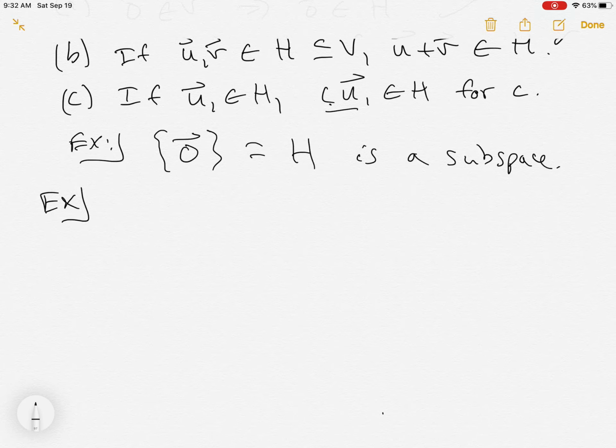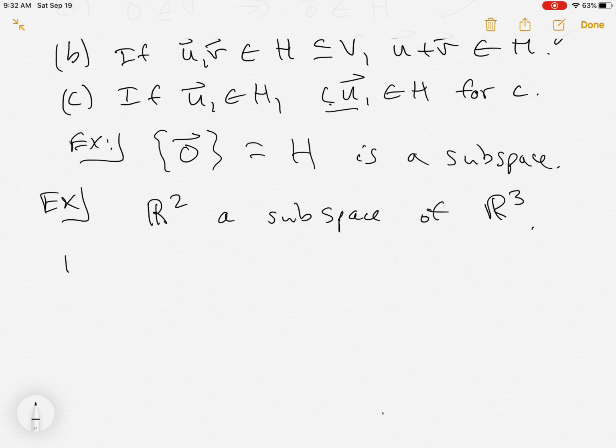So the question is, is R2 a subspace of R3? Right? You think, well, one's smaller than the other, so it's going to fit inside of it.